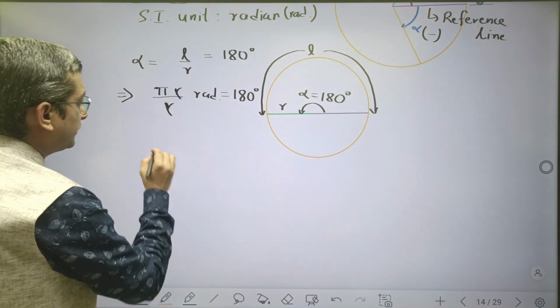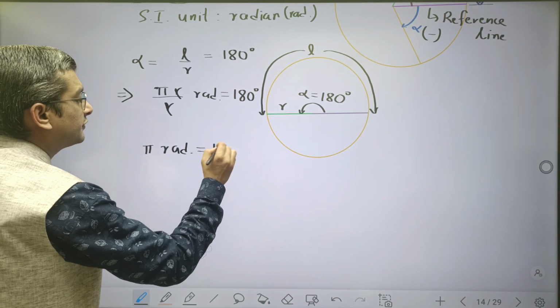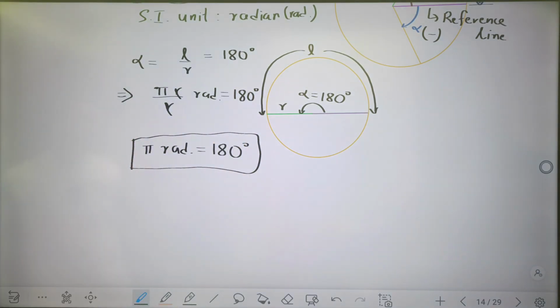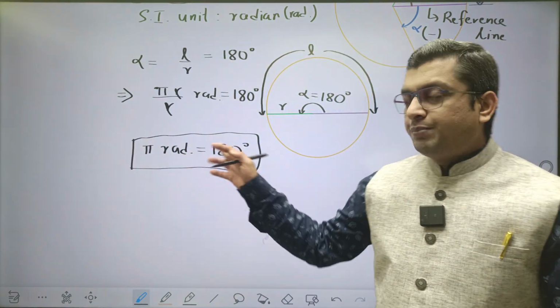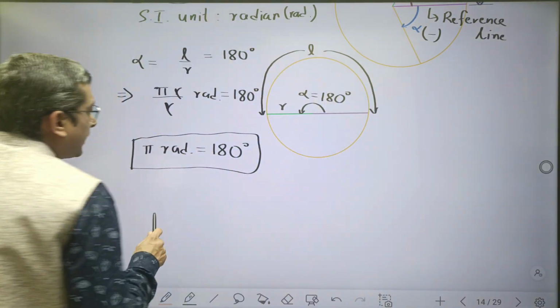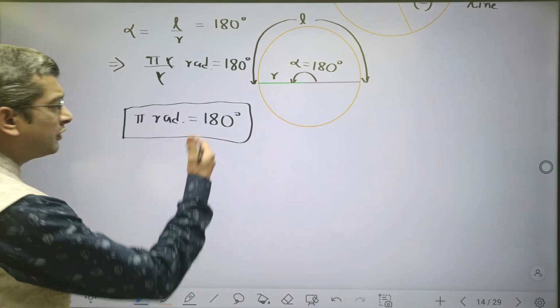Solving further, this r gets cancelled. So we have the relation pi radian is equal to 180 degree. This is very important. Pi radian is equal to 180 degree. Now with the use of this basic conversion formula, we can find different values in terms of angle, I mean in terms of degree and radian.